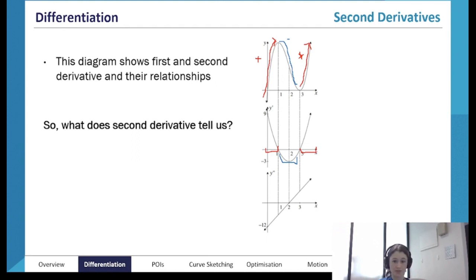And as you can see, these sections correspond to the original function. And this is why if our derivative is greater than 0, then we have a positive gradient or an increasing function.